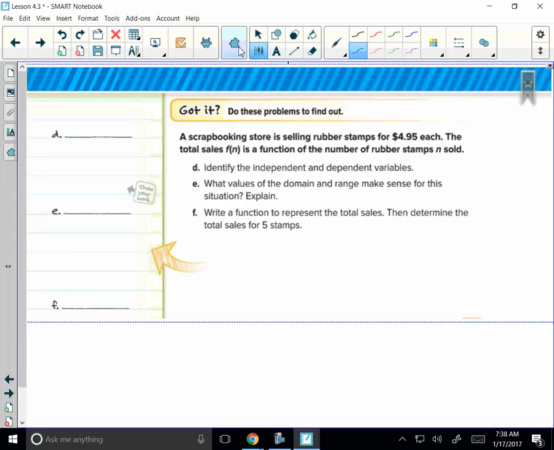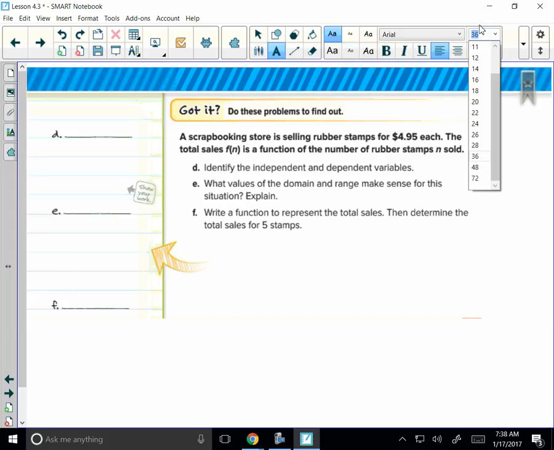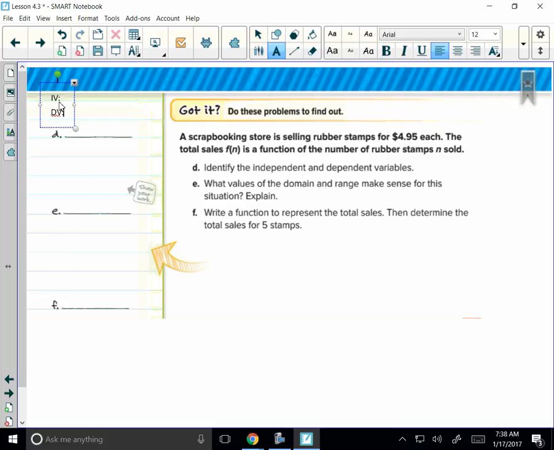And I'm just going to write it off to the side here so we can fit it. So I'm going to say my independent variable is this, and my dependent variable is that. Now, I like to start with naming my dependent variable because I just think that it's easier. So if we read through this, we know that the total sales, F of n, is a function of the number of rubber stamps n sold. So anywhere you see something like this F of n, that means it's a function.